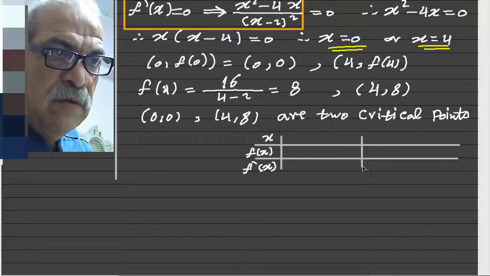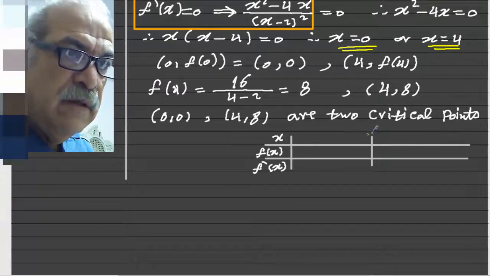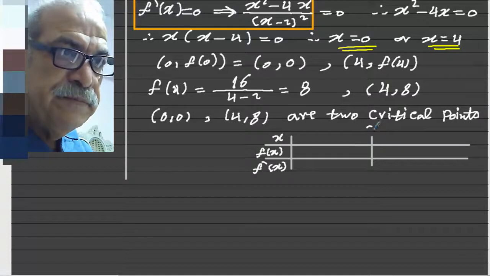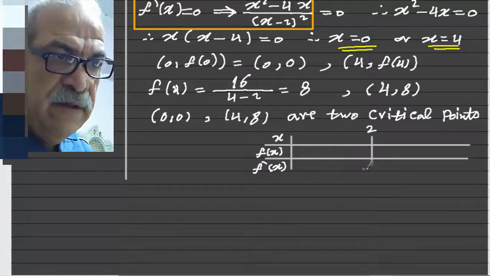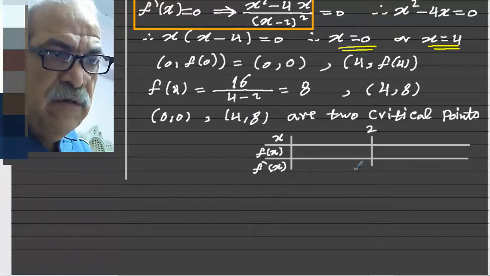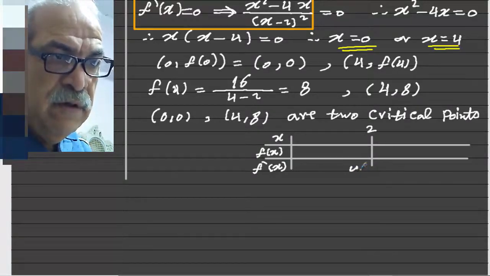So we write here 2, and the f dash of x is undefined here, or you can write does not exist, as I said before.